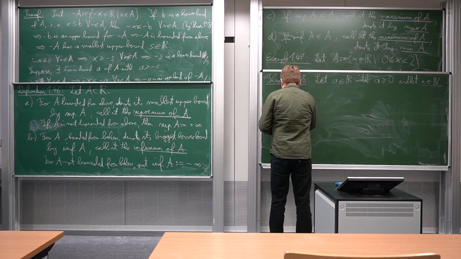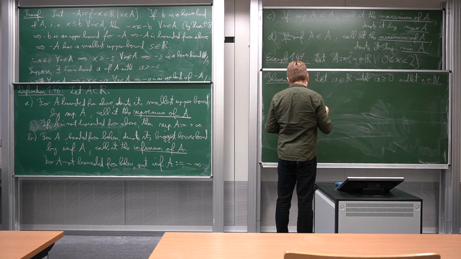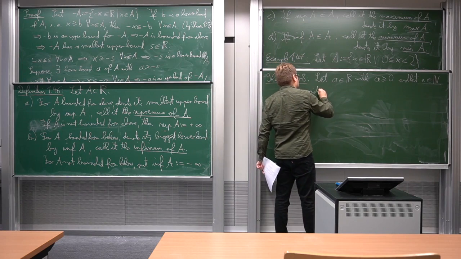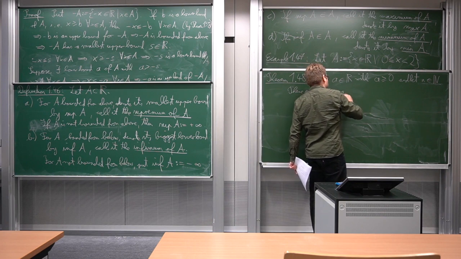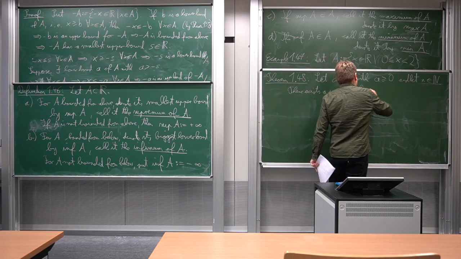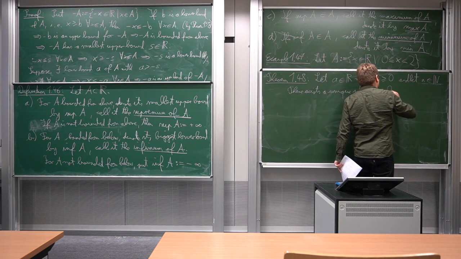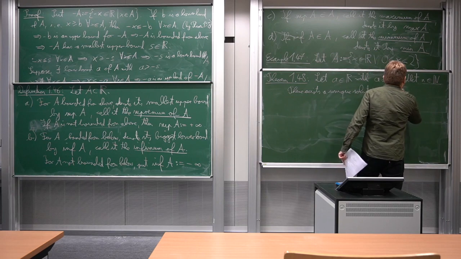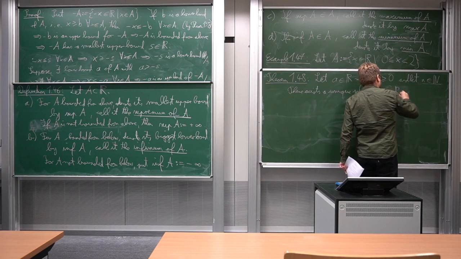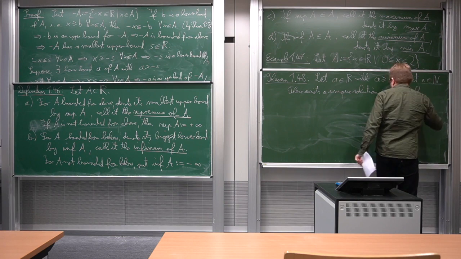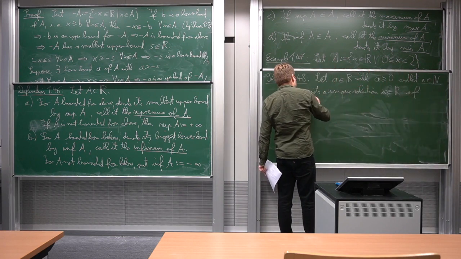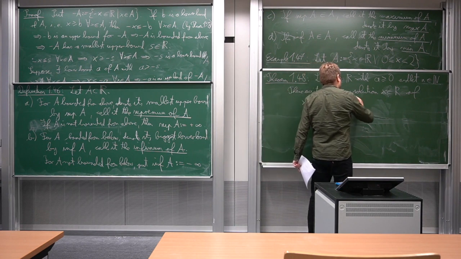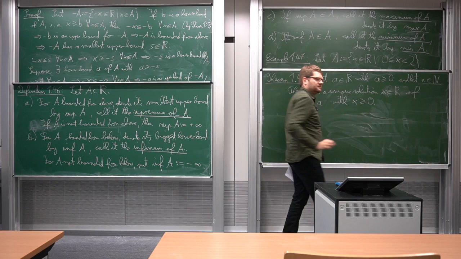If we have some non-negative number A and some n, then there exists a unique real solution x of x to the n equal to a, and it becomes unique when we demand that x is non-negative.